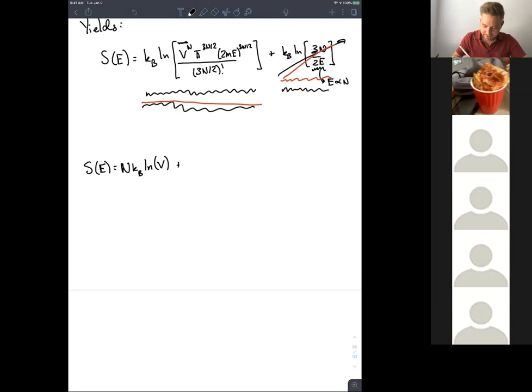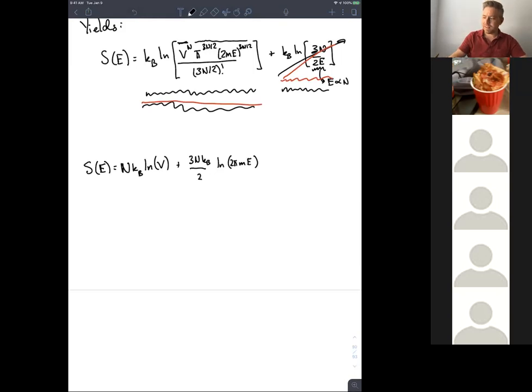Okay, the next bit, I get 3n kb over 2 log 2 pi me. Sorry, I dropped a pi, 2 pi. So that's coming from here.